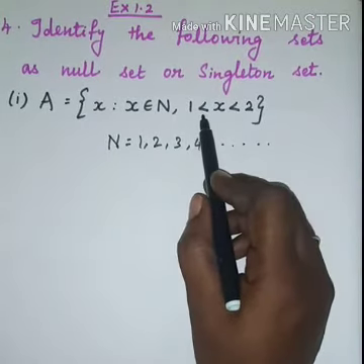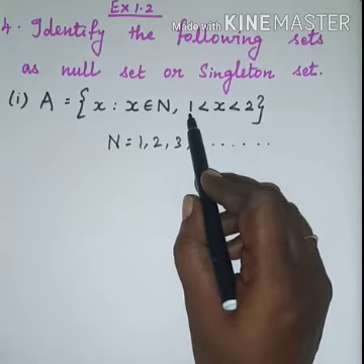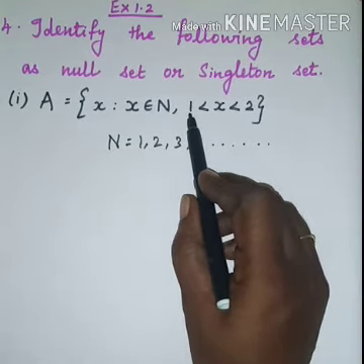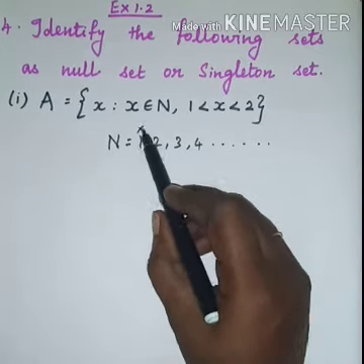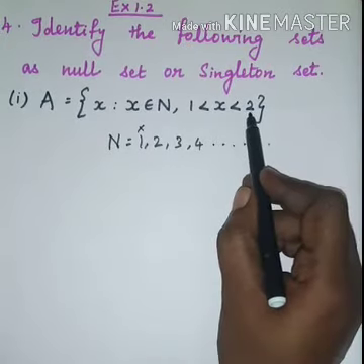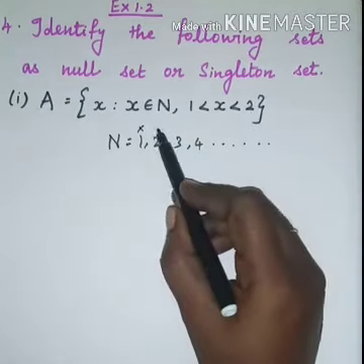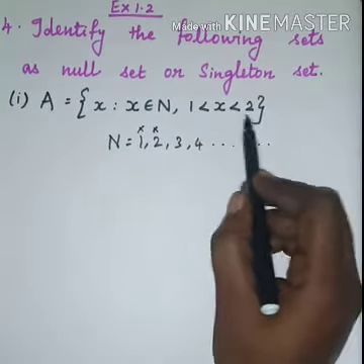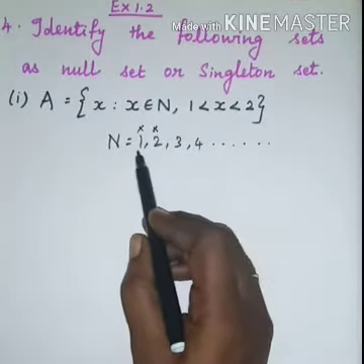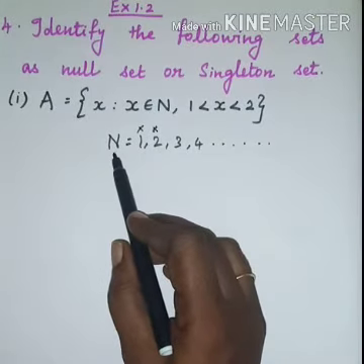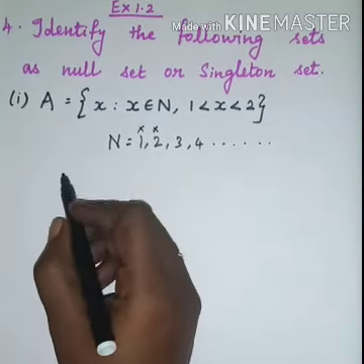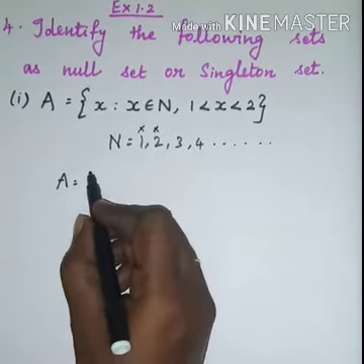Here the equal to sign is not given for 1, so we should not take 1. And the equal to sign is not given for 2, so we should not take the number 2. So in between 1 and 2 there is no element in N. Therefore A is an empty set.